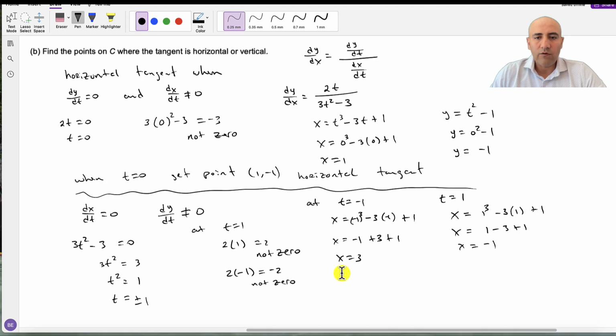And then the corresponding y value, y equals t squared minus 1, so negative 1 squared minus 1 gives you 0. And over here we end up with y equals positive 1 squared minus 1, which is also going to be 0. So this leads to the ordered pair 3 comma 0, and then over here we end up with the ordered pair negative 1 comma 0. And so we have vertical tangents at these two points.